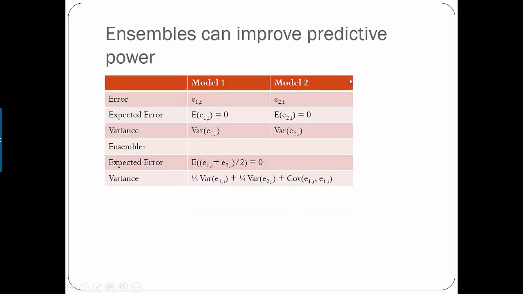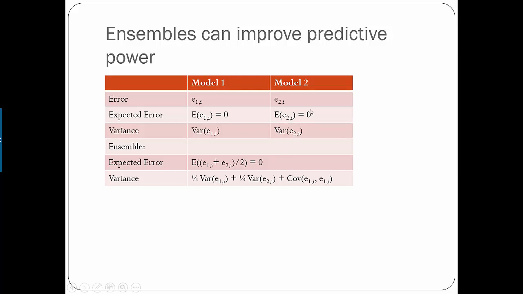Suppose you have two different models. One model gives you one set of errors and another model gives you another set of errors. When you calculate the mean error and the variance of error, the mean error will be zero because the positives and the negatives will cancel each other out. And the variability in error, let's say that we compute that, and that would be this for method 1, and for method 2 the variance is this.